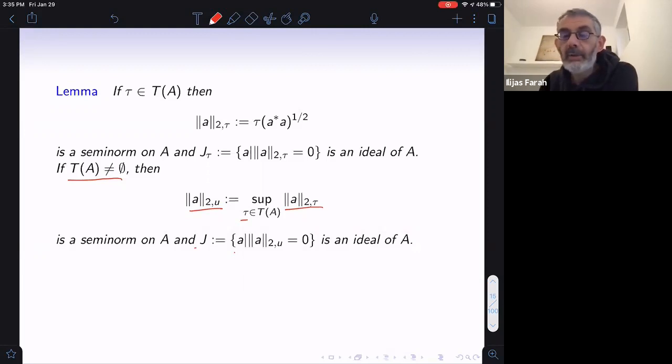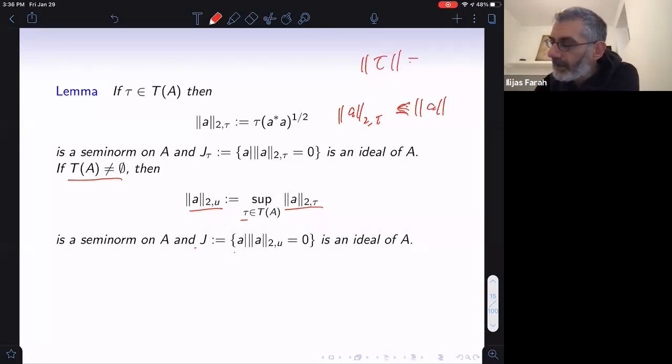And now you may wonder how this tracial semi-norm relates to the original operator norm. The first thing to note is that there is an inequality this way. This is less or equal than the operator norm, because remember, tau has norm 1, like any other state.